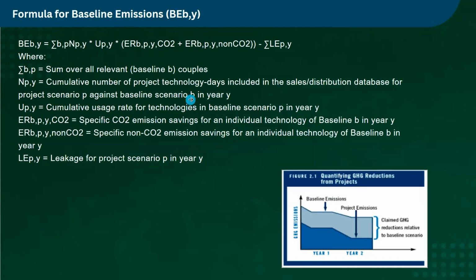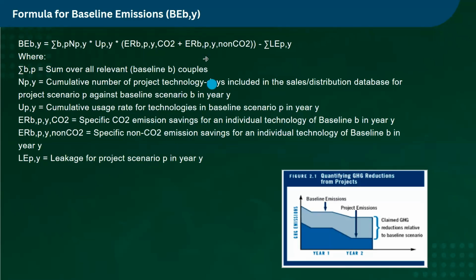So now we're going to calculate the final baseline emission. We have the data with us, and now we need to calculate the baseline emission. How we do it is you first calculate the leakage, okay? And then you also consider the specific carbon dioxide emission and the non-CO2 emissions from the individual technology or devices, okay?